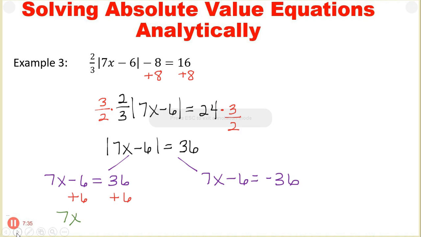So we have 7x equals 42. And then we're going to divide by 7. So my first solution is x equals 6. And let's do the same thing with our second equation. We're going to add the 6.